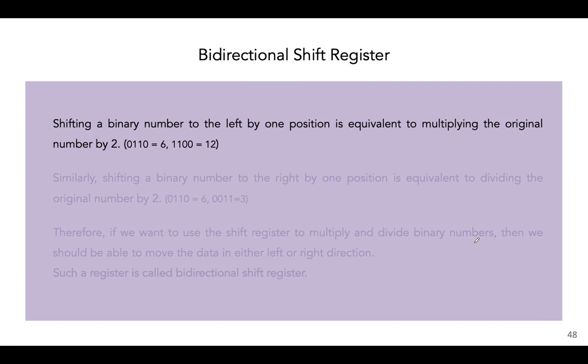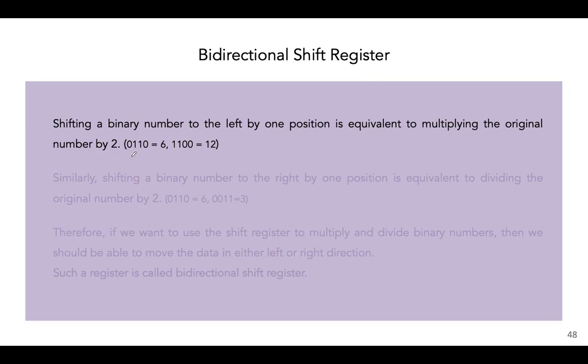It's a much more efficient and less expensive method of performing multiplication. So instead of actually multiplying a binary number with another binary number, it's easier to just shift the number because it gives you the same results, right?